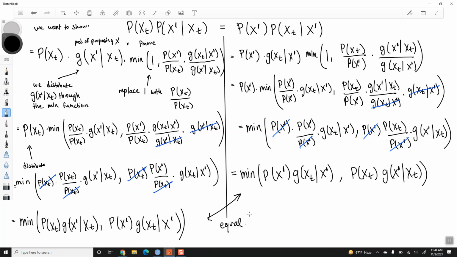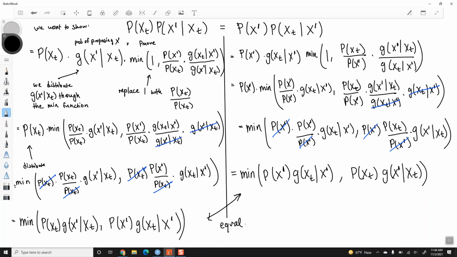So when we figure out what is the probability of going from xt to x prime, and we say, what's the amount flowing from xt to x prime, and what's the amount flowing from x prime to xt, because of the Metropolis Hastings algorithm saying, we're going to take the minimum between 1 and this ratio between x prime and xt, the flow rate ends up being exactly equal to each other, right?